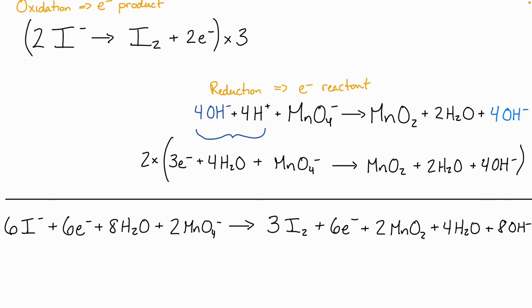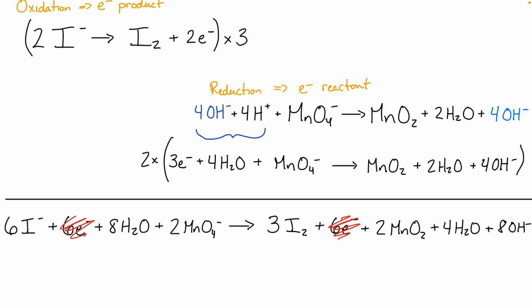All right, sum everything up. All right, and again, we went through great pains to make sure that our electrons cancel out. What else can I simplify here? What is it? The waters, right?